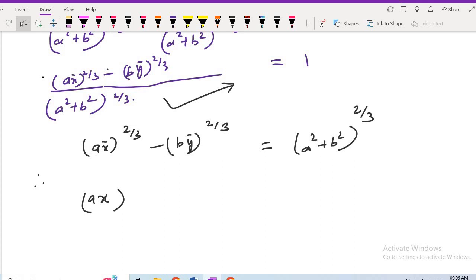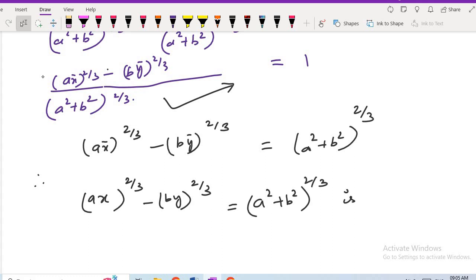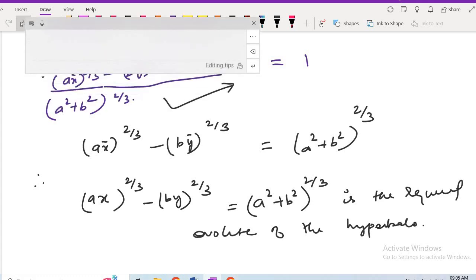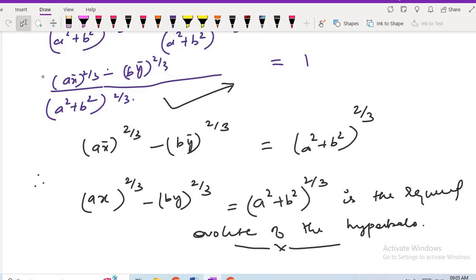Therefore, ax power 2 by 3 minus by power 2 by 3 is equal to a square plus b square power 2 by 3, which is the required evolute of the hyperbola. Hence the problem. Yes, all of you able to get?